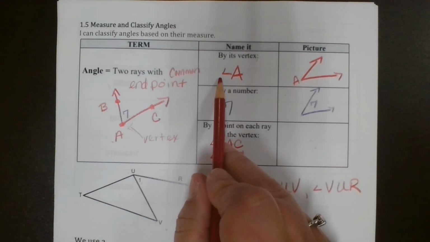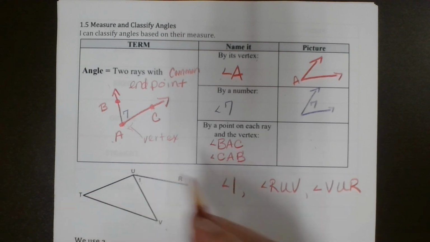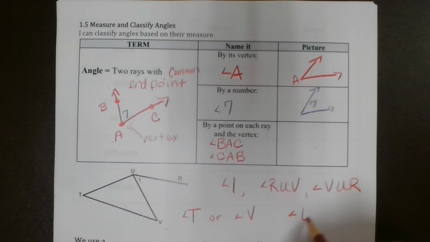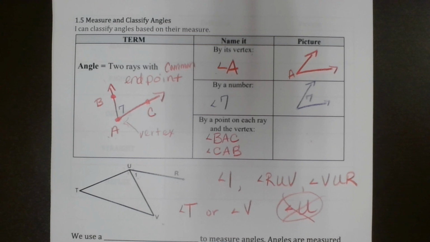I cannot use a single letter like U because there are more than one angle at U. Now this guy, I could name angle T or angle V, but I can't use U. I cannot say angle U, because there's more than one angle at that vertex.